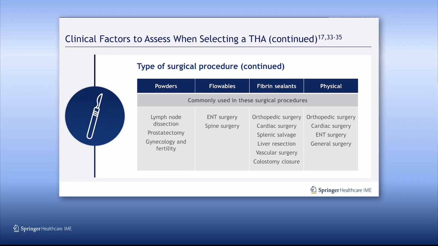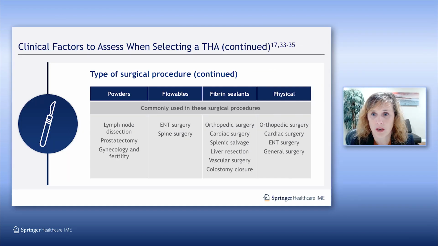Many THAs have certain niches, and so powders, for example, have been demonstrated to have a drying effect on the field and have frequently been used for operations such as lymph node dissections and prostatectomies.